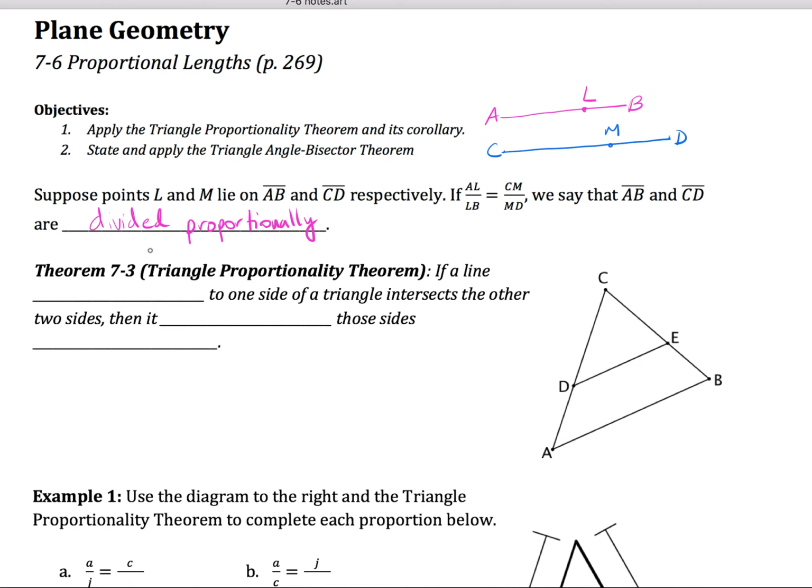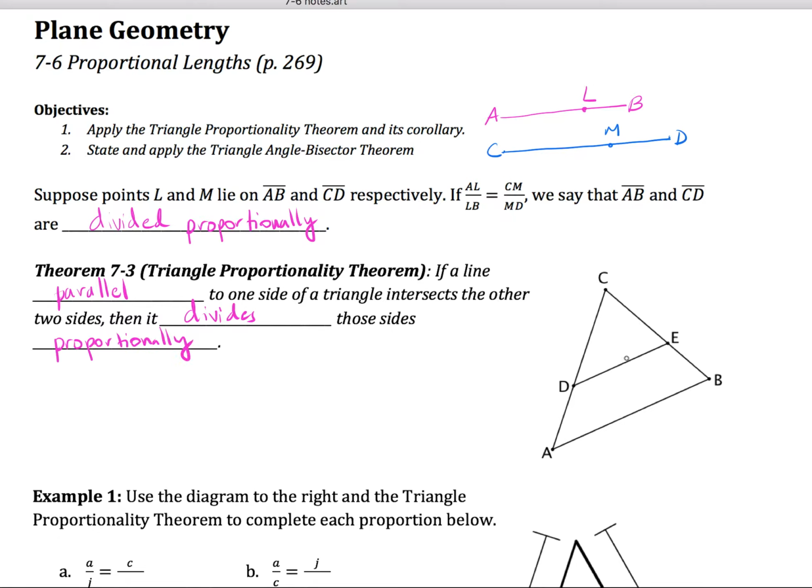And so let's see how that pops up in a few theorems, starting with Theorem 7-3, or the triangle proportionality theorem. This theorem says that if a line that is parallel to one side of a triangle intersects the other two sides, then it divides those sides proportionally.